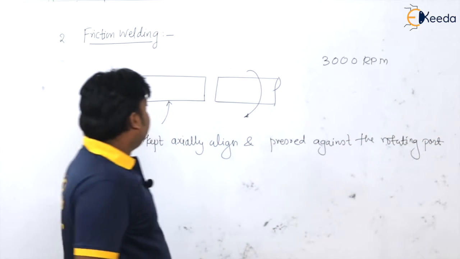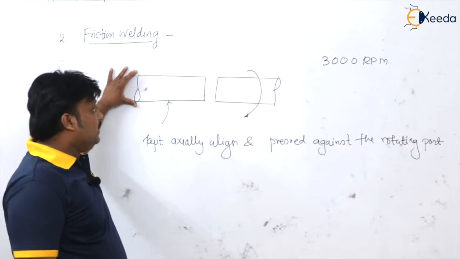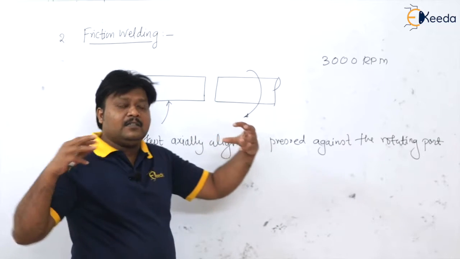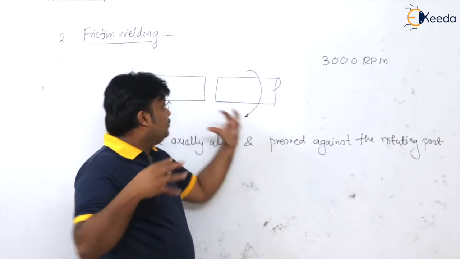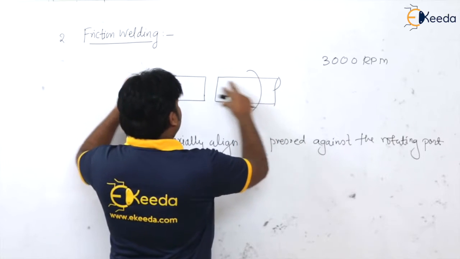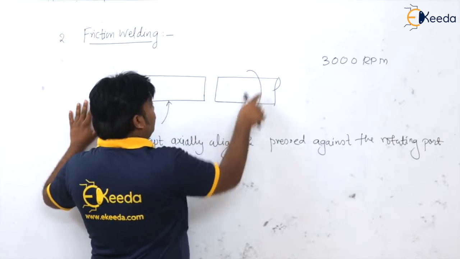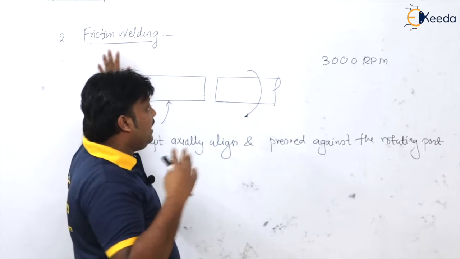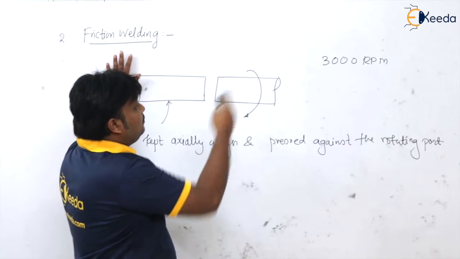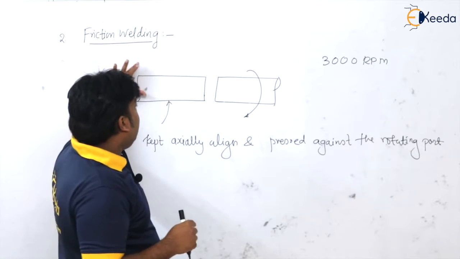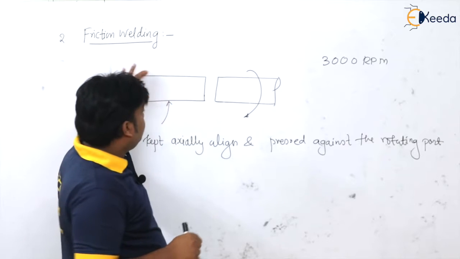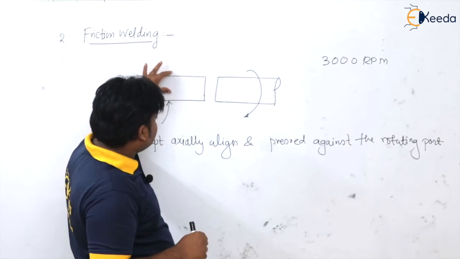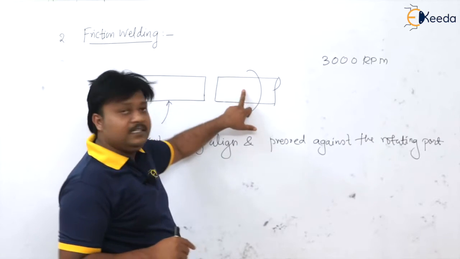So in friction welding, out of these two parts that we are going to join, one part is rotating with high revolutions, around 3000 revolutions per minute, and the other, kept axially aligned to the rotating part, is pressed against it.